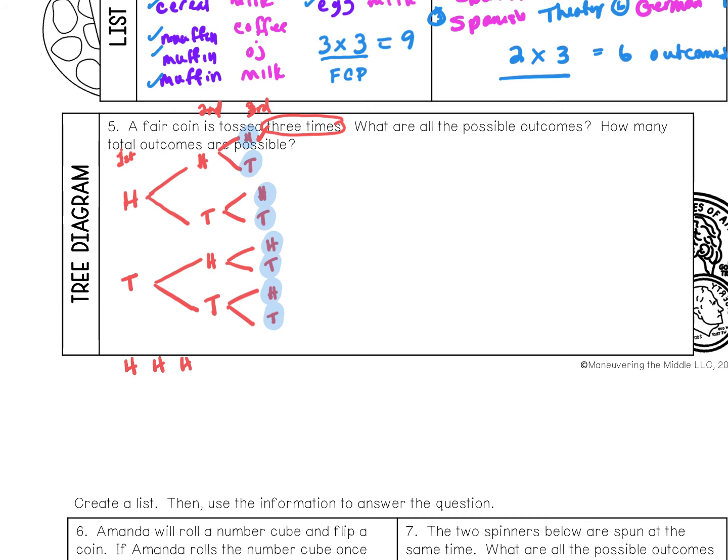Then I work backwards from this one: heads, heads, tails. So that would be the second one. And then we go back to this one right here, and that would start with heads, tails, heads. And this one would be heads, tails, tails. And we could keep on going.